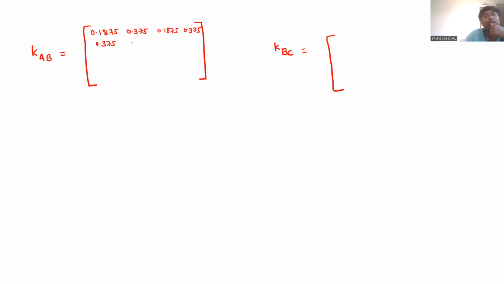0.375. K22 value will be for minus AB. This value 1. Next one K23, minus 0.375.